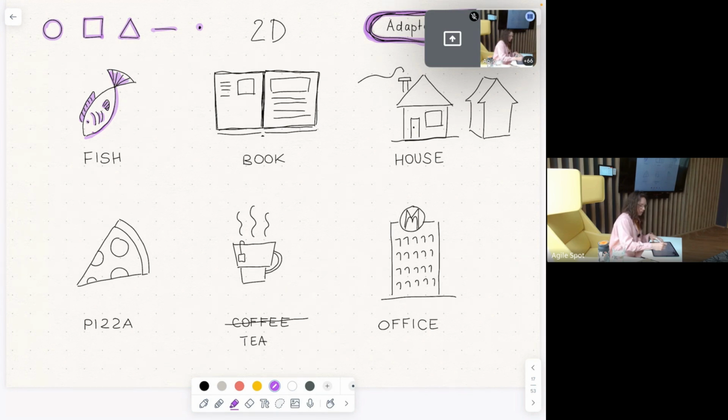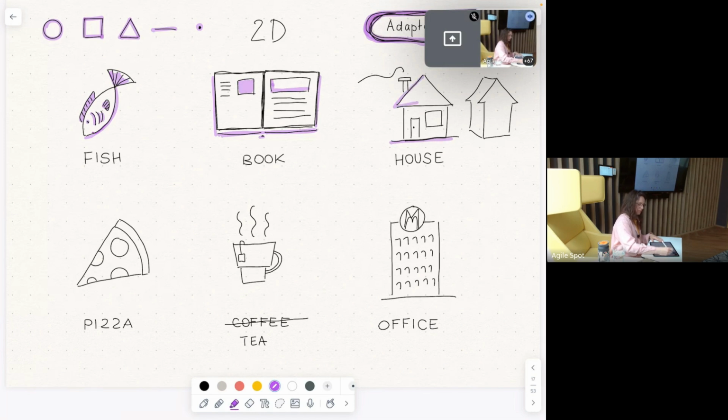And the book, we can add the shading, and it's going to make the thickness of the book a little bit more prominent. It's open, and we can color the illustrations, for instance, to mark that they are colored.